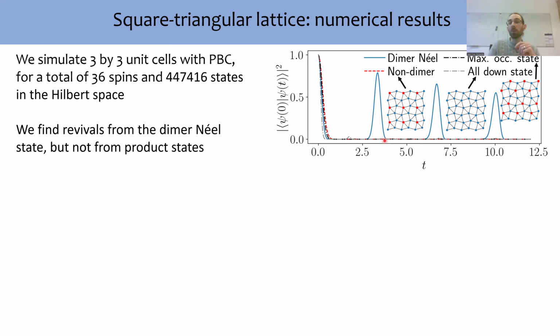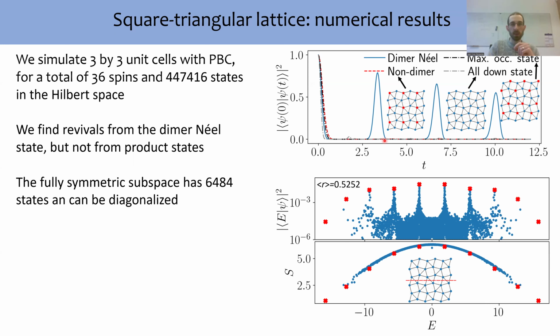And in fact, we can once again go beyond dynamics to go to eigenstates. We can diagonalize the fully symmetric sector, which has 6,000 states. And first of all, we find it's chaotic. So again, it's not some hidden symmetry, it's not some integrability, it's really scarring. And we find the same behavior as in 1D PXP with these towers of states equally spaced in energy.